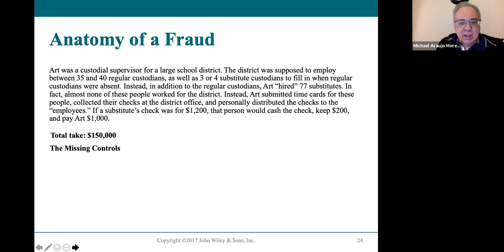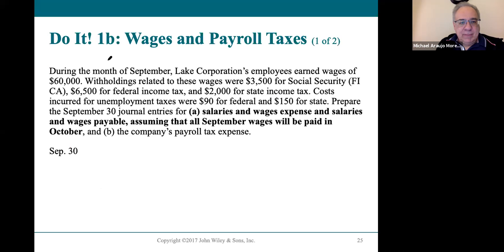Okay. So now we're at the end of objective 1. And let's see how this works here. You might be all taxed out by now, but we're going to keep going. Here we have the month of September. Lake Corporation has wages of $60,000.